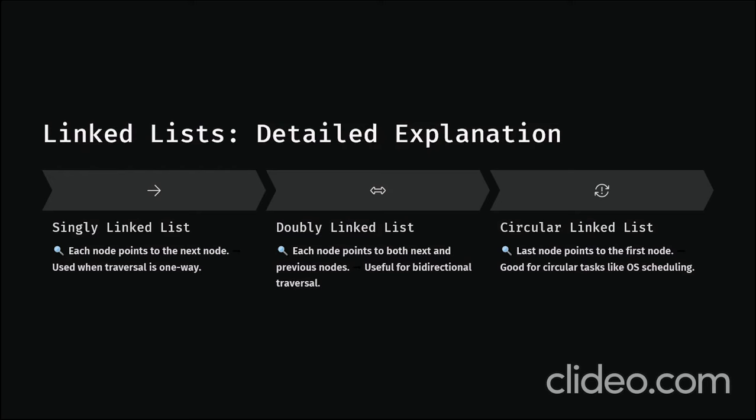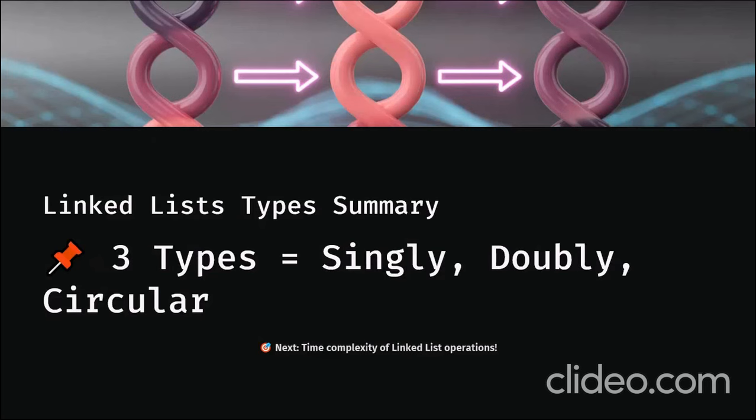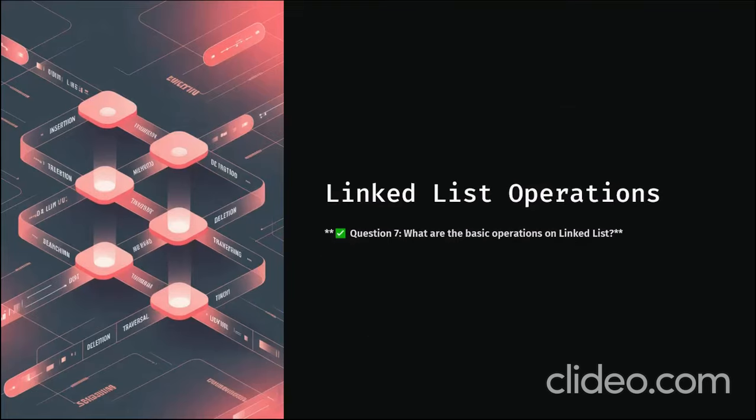In a doubly linked list, each node points to both the next and previous nodes, useful for bidirectional traversal. In a circular linked list, the last node points to the first node, good for circular tasks like operating system scheduling. So linked lists have mainly three types: singly, doubly, and circular.